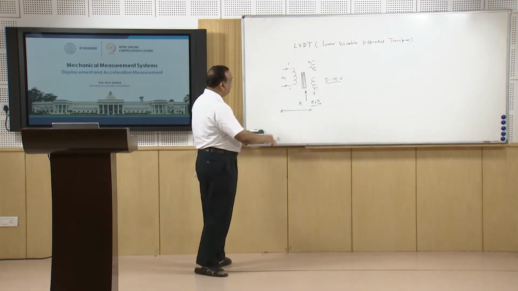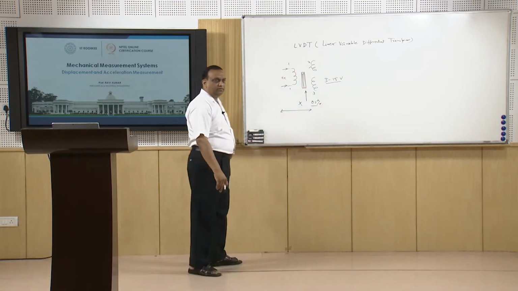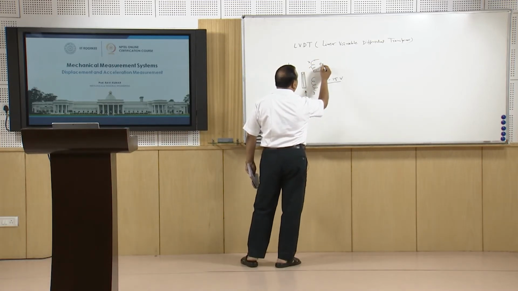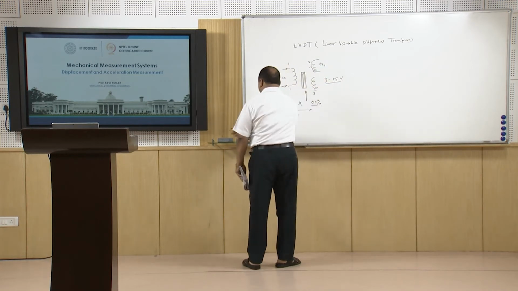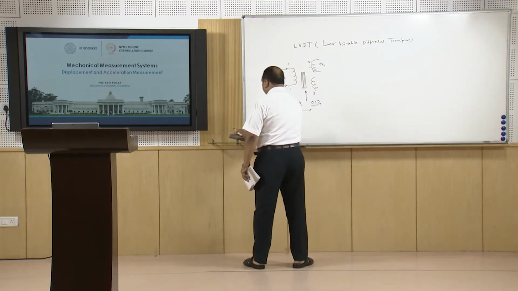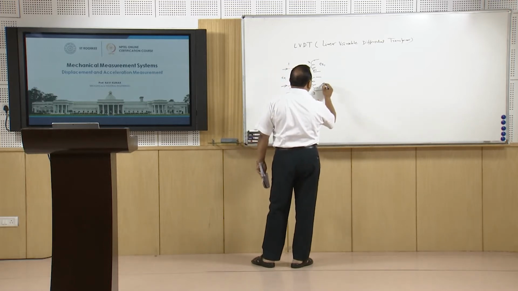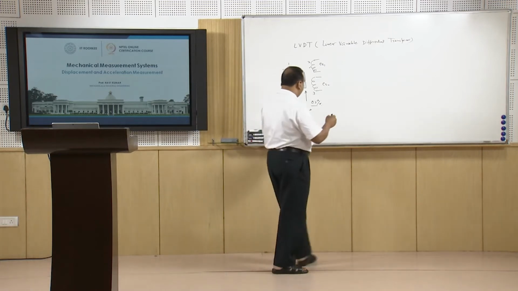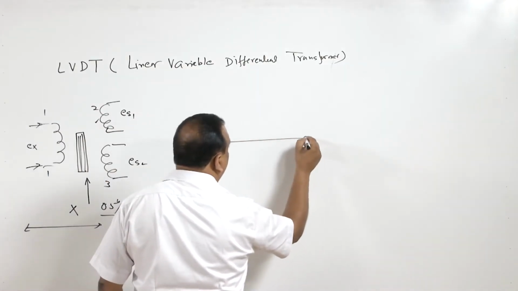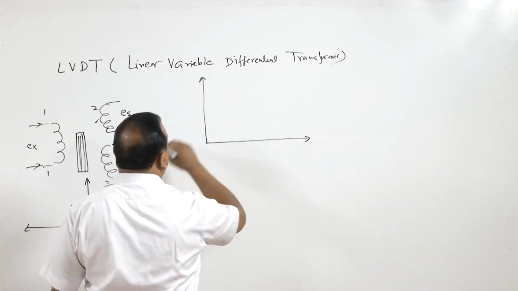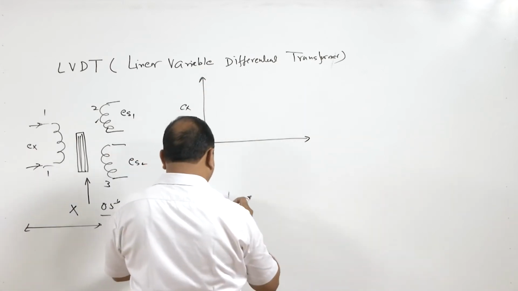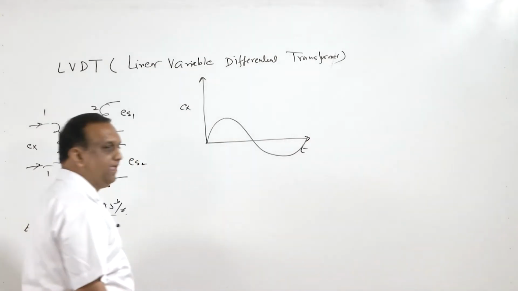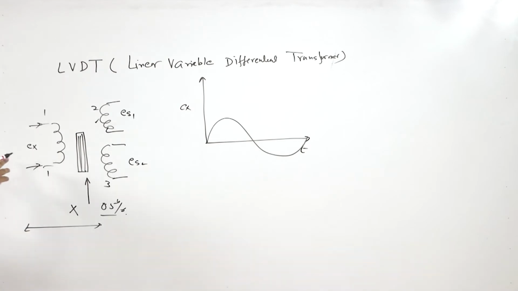This excitation is given to the primary coil, which induces voltages in the secondary coils, let us say ES1 and ES2. So the excitation voltage, plotted against time, is like this. It is an AC, alternating current.